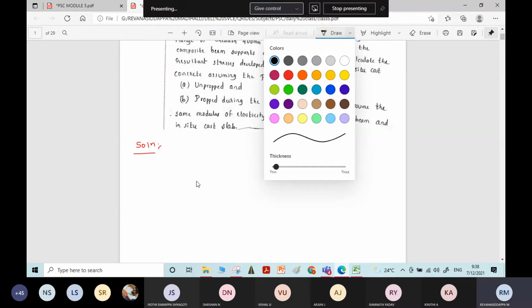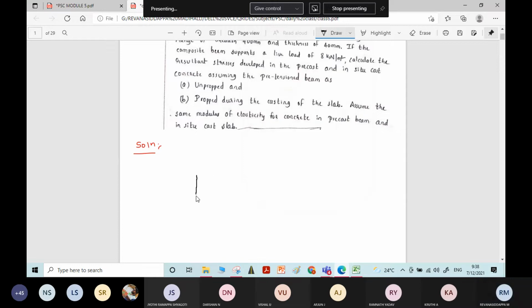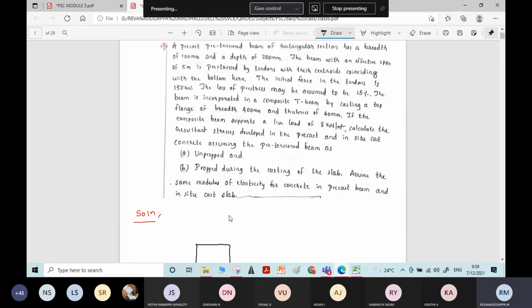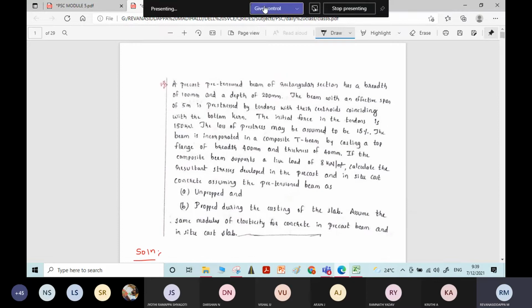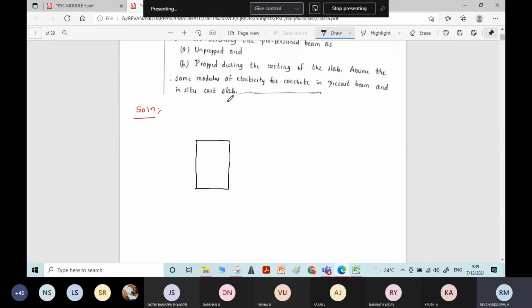See, there is a rectangular section of breadth 100 and depth 200.